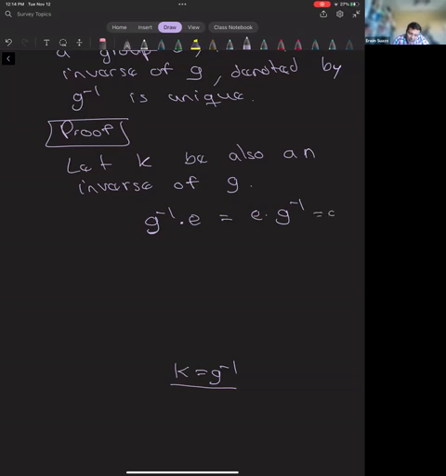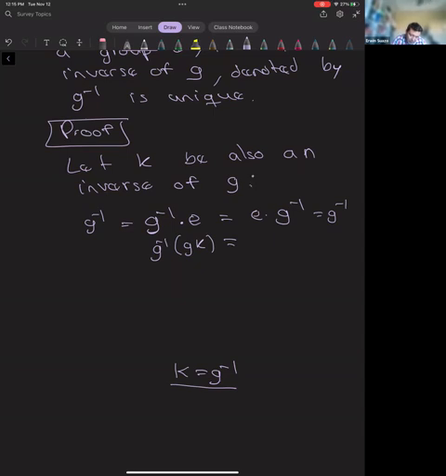So in both cases I get G inverse, right? I haven't done anything weird. Now I'm going to change E by GK, because let K be also an inverse of G.